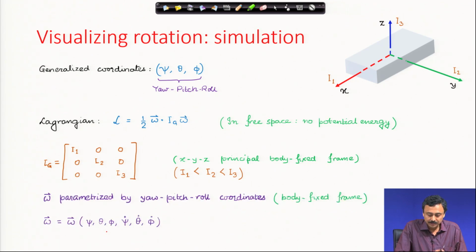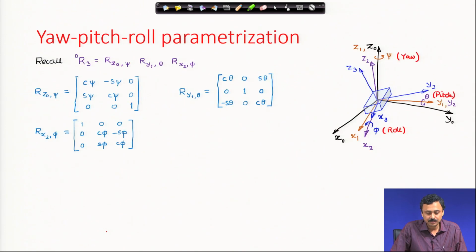Now, the angular velocity is parameterized by these yaw, pitch, roll coordinates in the body-fixed frame xyz. This we have discussed in a previous lecture.